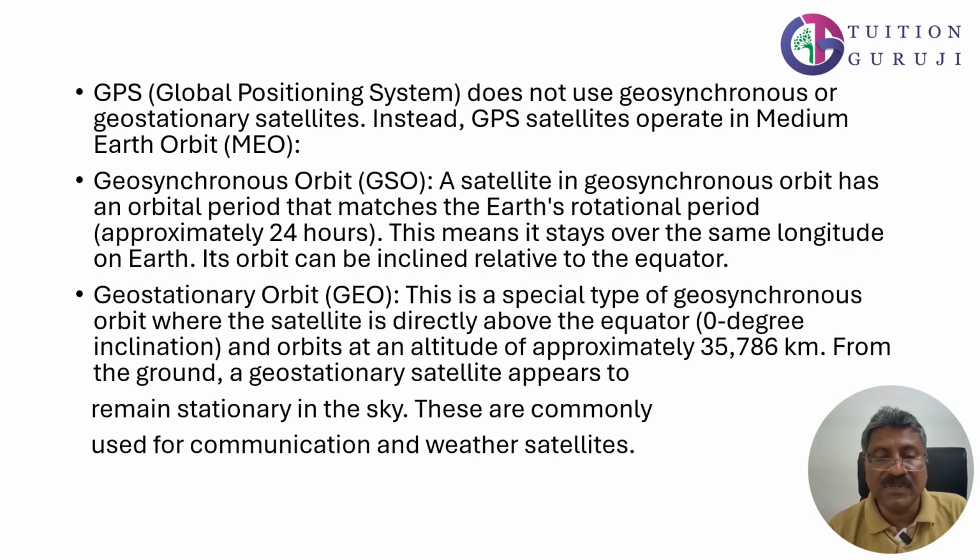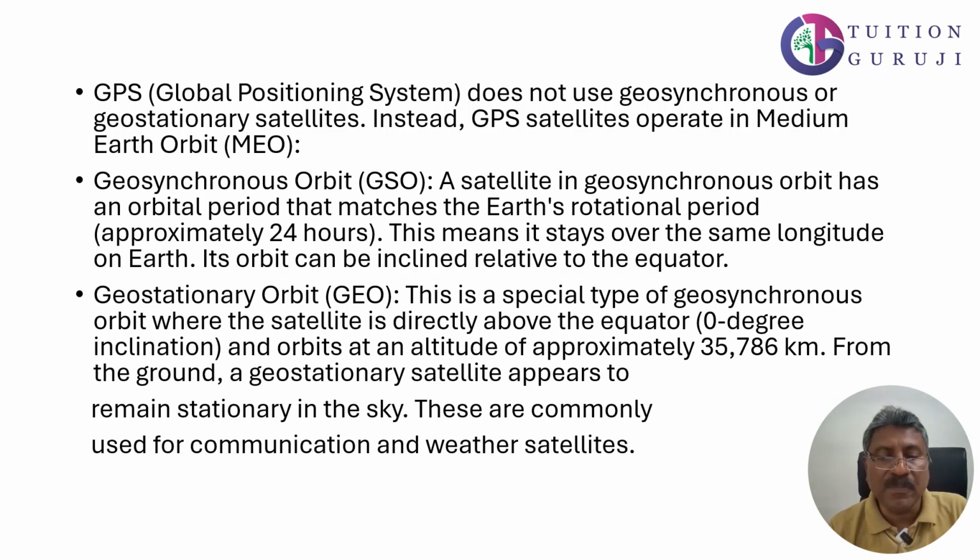But geostationary satellites are a special type of geosynchronous orbit where the satellite is directly above the equator at 0-degree inclination and orbits at an altitude of approximately 35,786 km from the ground.